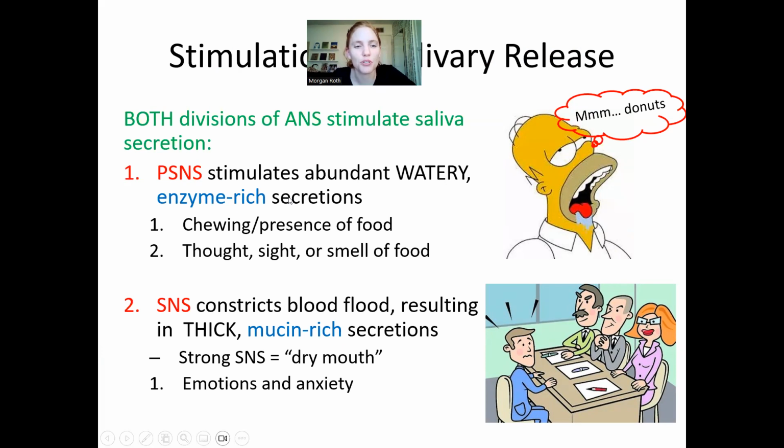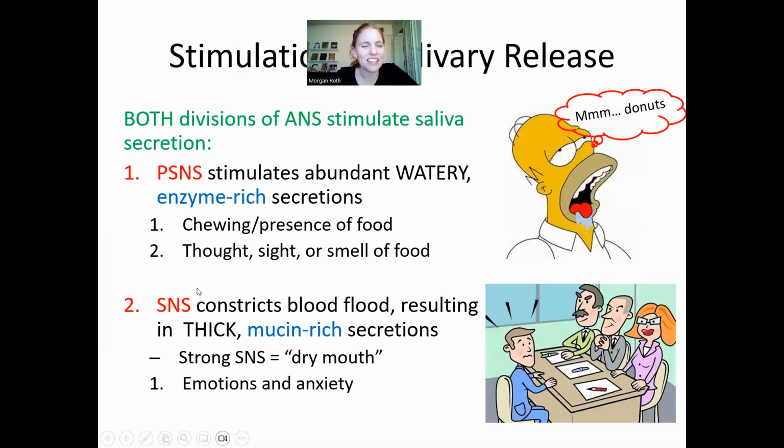The sympathetic nervous system also stimulates the release of saliva, but it's a different type of saliva, because it stimulates the release of saliva with a lot of mucin in it. Mucin is like mucus. So if you had a job interview, you get that dry mouth, that cottony mouth, you're kind of foamy.